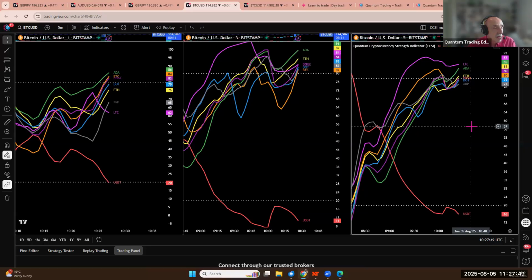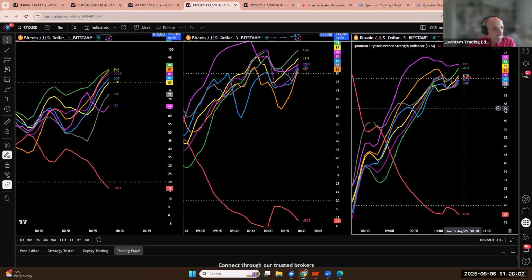The big difference when you're in crypto world is that it's very straightforward, because all the cryptocurrencies, as you can see in this example on 5 minute, pretty much move in lockstep together, unlike in the currency world where they will move very differently throughout the session.